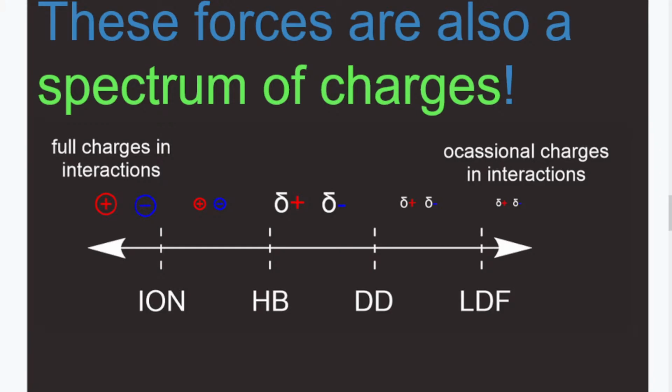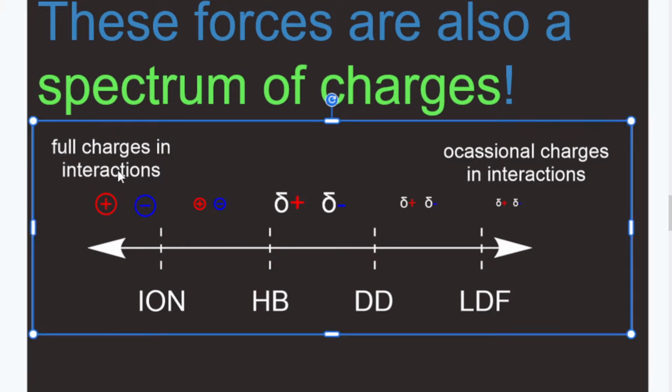So when you have these full charges in your interactions, you're more dealing with the ion forces. But when there are these occasional, smaller partial charges appearing and disappearing, you're more in the London dispersion forces. But all of these are still part of this polarity concept, where we go from LDFs, dipole-dipole, hydrogen bonding to full ions.